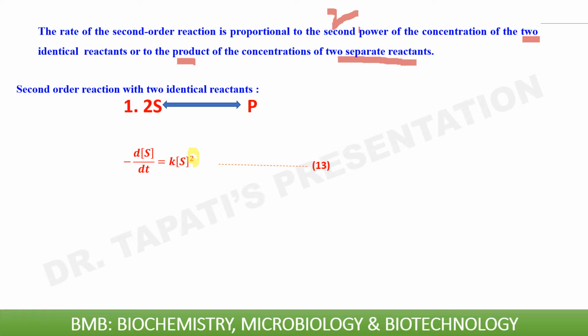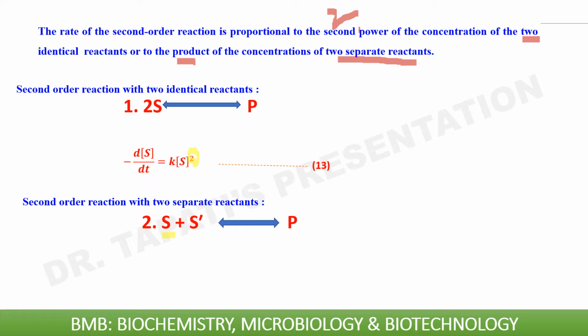Now, if the chemical reaction is second order with two separate reactants, we can write the first substrate as S and the second substrate as S prime. They are converted to product P. In that case, the rate of the reaction will be minus dS by dt, equal to K into S power of 1 and into the second substrate concentration S prime, also with power 1.